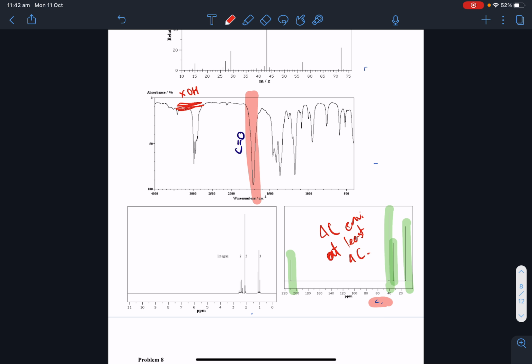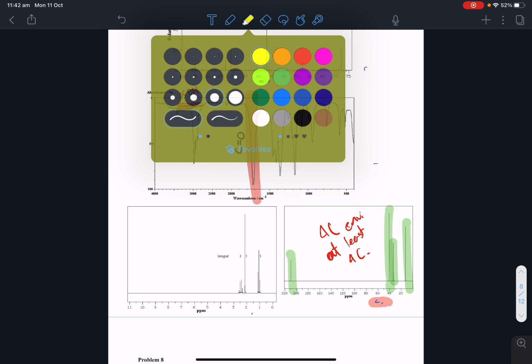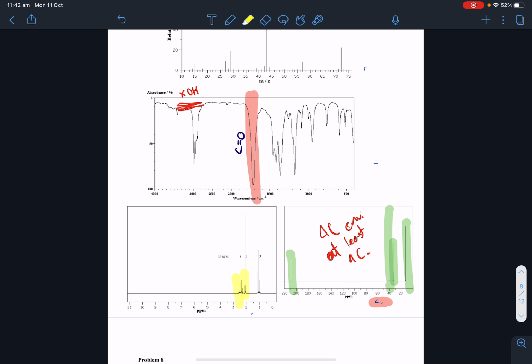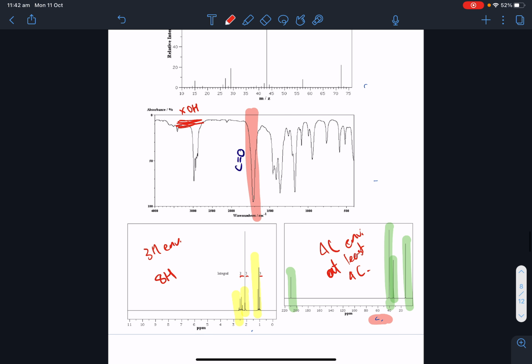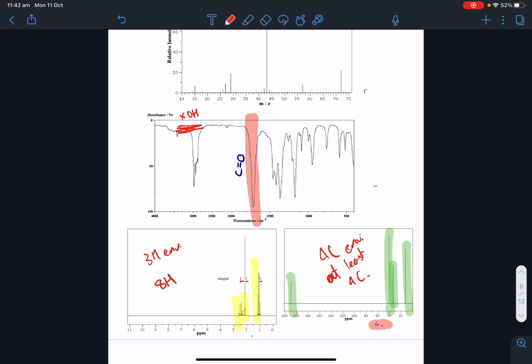Now, let's have a look at the proton NMR. Okay, we have 1, 2, 3 peaks, okay? So we've got 3 hydrogen environments, and there's an integration here, okay? We have actually got 8 hydrogens, okay? The safest thing to do here is to presume that you only have 4 carbons for the environment and you've got 8 hydrogens and you've got the 1 oxygen.